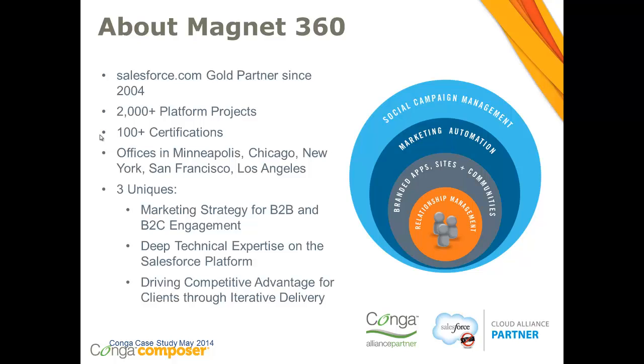So what we pride ourselves in is unique marketing strategy for B2B and B2C engagements. And we've got a deep technical expertise on the Salesforce platform and are also happy that we have this Conga Alliance partnership under our belt as well. And we also drive competitive advantage for our clients through iterative delivery.